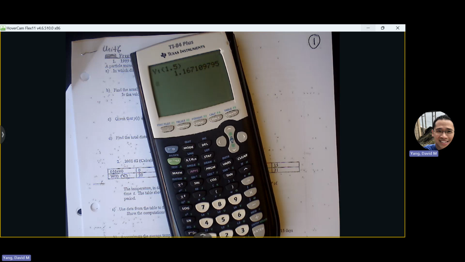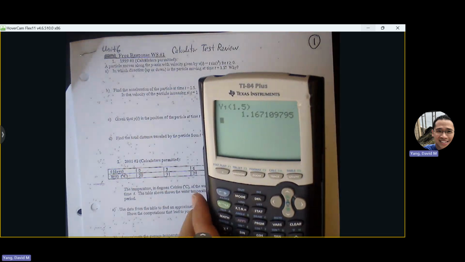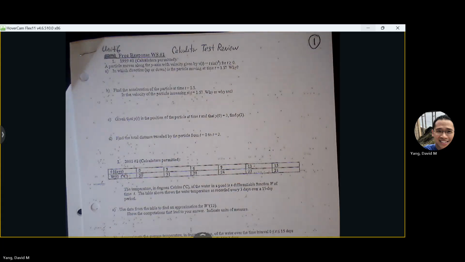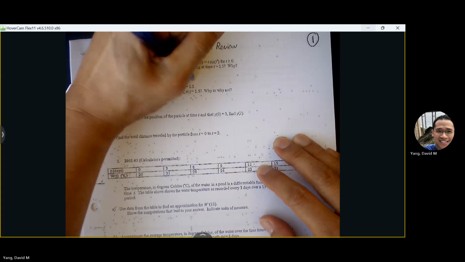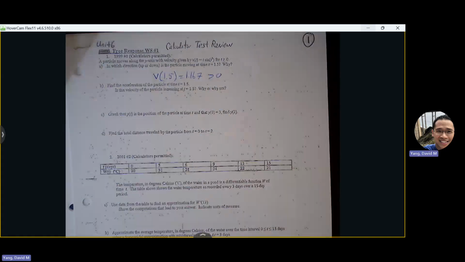That's just going to tell us what the velocity is at that moment in time, since we plugged in v of t for our y1. So my velocity is 1.167, which is greater than 0, and therefore my particle is moving up.